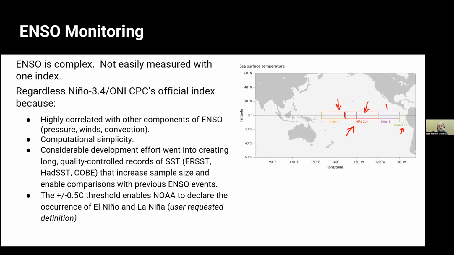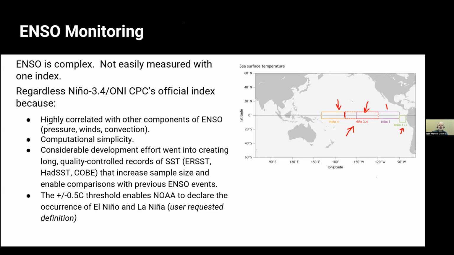The threshold is 0.5 degrees Celsius. So that is great in the sense that it builds confidence that you are actually going through some consistent event, right? That you can say, okay, yes, this is persistent.